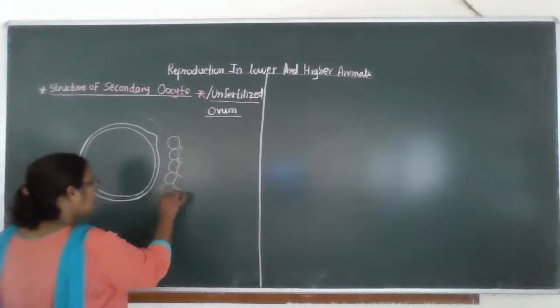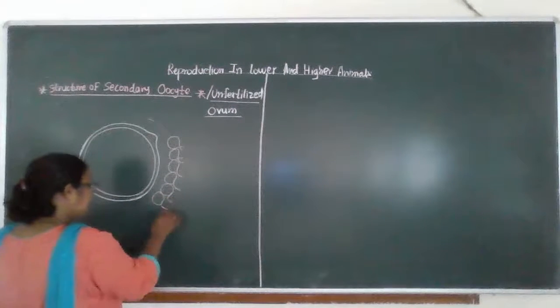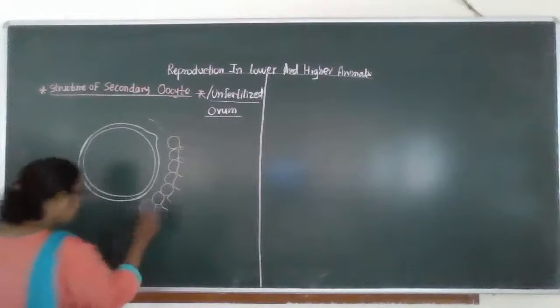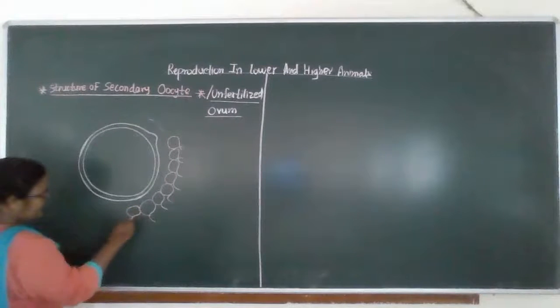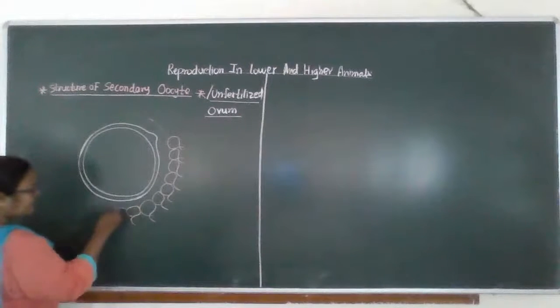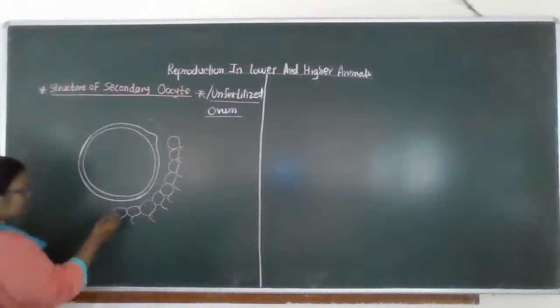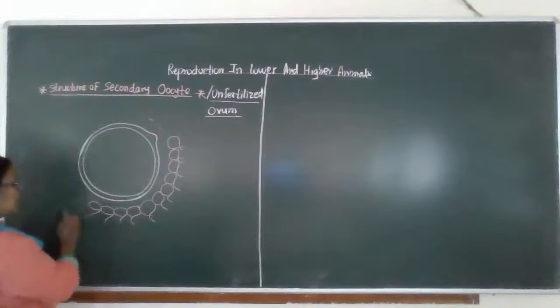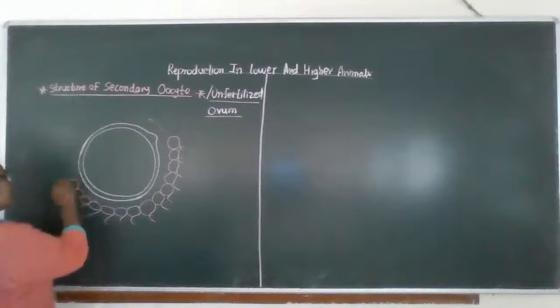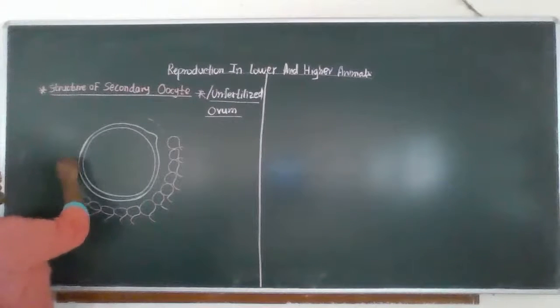These are radiating cells. The unique feature of these cells is that in between them there is a lot of chemical substance which glues the cells to each other, so that no one can easily enter the inner side of the secondary oocyte.